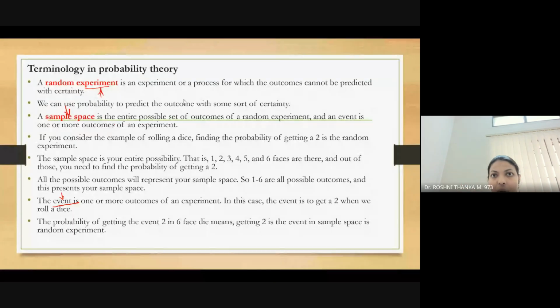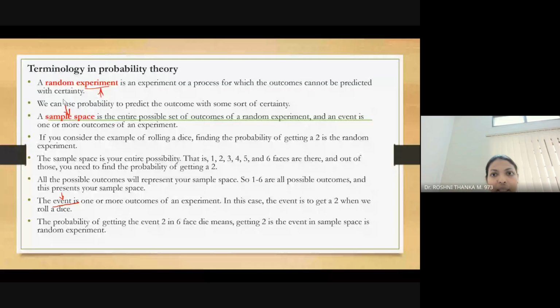What is an experiment? Rolling a dice is an experiment or a process, and when I roll that dice, I cannot certainly say what I will get. So that is called a random experiment. We can use probability to predict the outcome with some sort of certainty.